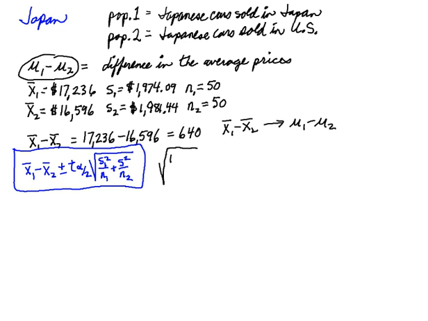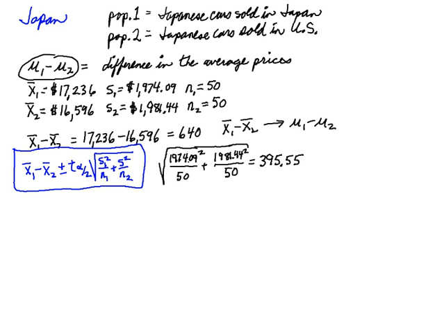I have 1974.09, and I've got to square that, put that over 50, and 1981.44, square that, put that over 50, and take the square root of the whole thing. And when I do that with my calculator, I get 395.55.